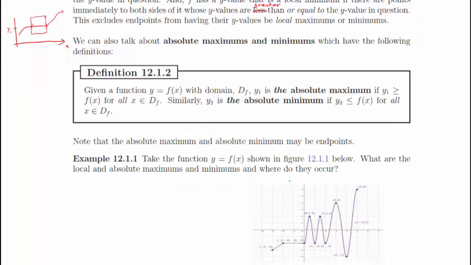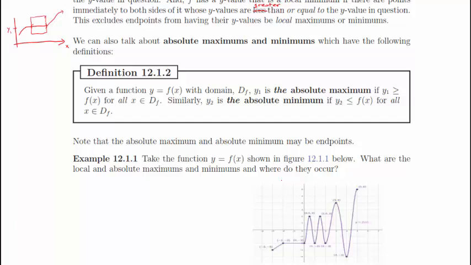So if we look at absolute maximums and minimums, again, for functions in a single variable, we have the definition 12.1.2, which says, given a function y equals f of x with the domain D of f, then y1 is the absolute maximum if y1 is greater than or equal to f of x for all x in the domain of the function.